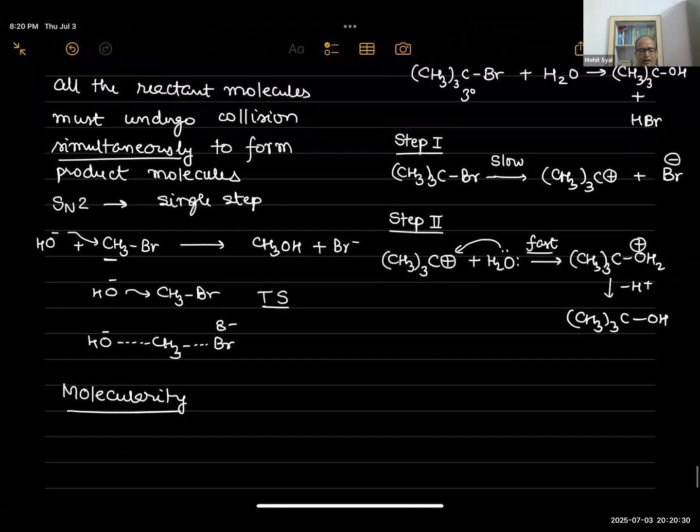For example, Marwa, Aisha, Jasleen, what is the molecularity of the SN2 reaction? How many molecules are reacting? Molecularity is how many molecules are undergoing collision simultaneously.